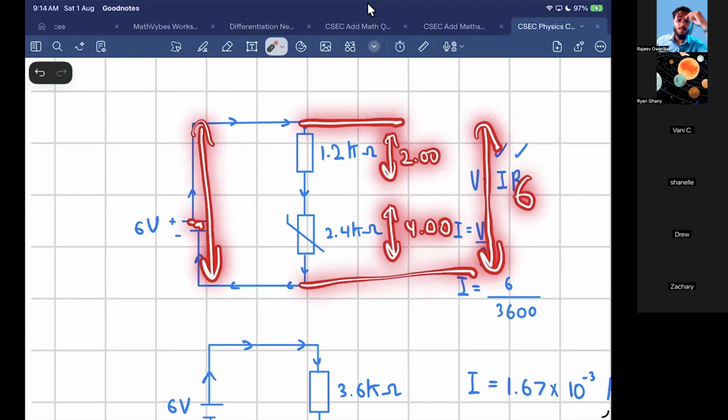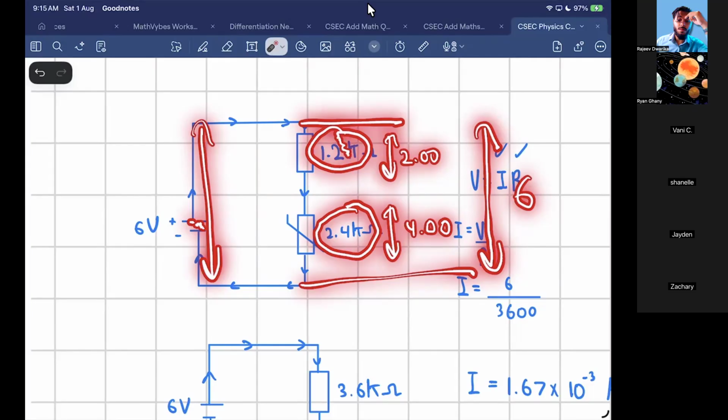Yes, sir. And I can blow your mind again. This resistance is how much times this? 2.4 is how much times 1.2? 2. And we know that if the resistance increases, what happens to the voltage drop? Guys, if I increase the resistance, what happens to the voltage drop?